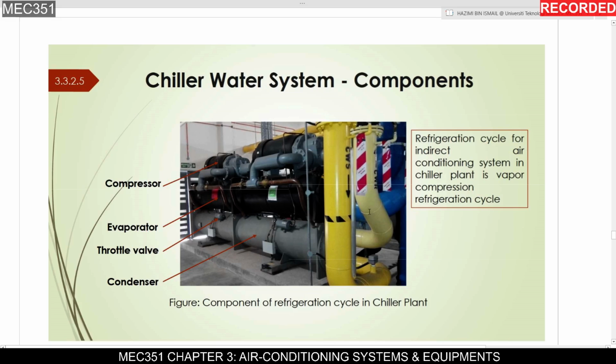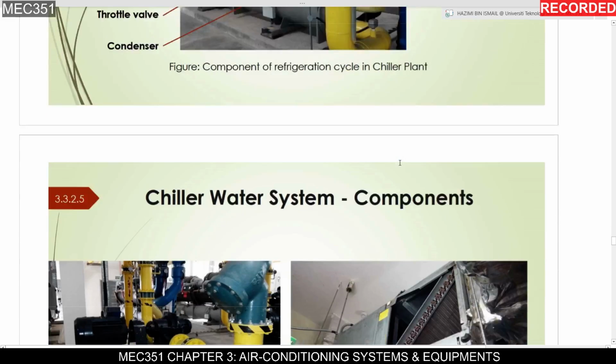This one is a compressor, evaporator, throttling valve, and condenser. You see here we have two colors of pipes, blue pipes and yellow pipes. Yellow pipes will be connected to the cooling tower, and the blue pipes will be connected to the air handling unit, AHU, and also FCU, fan coil unit.